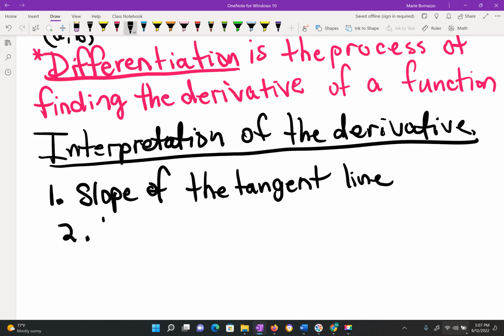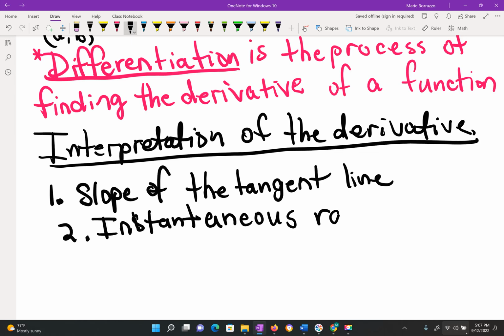We can also look at it as the instantaneous rate of change, or we can look at it as the velocity.